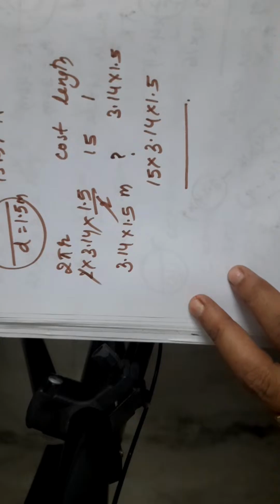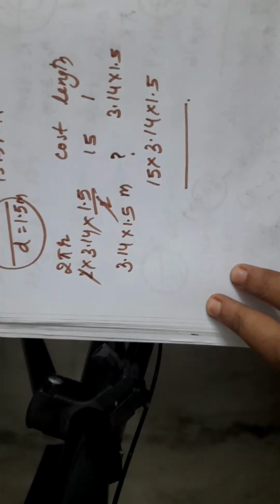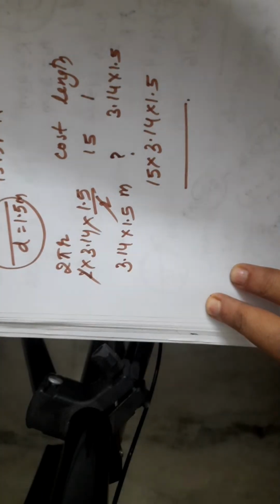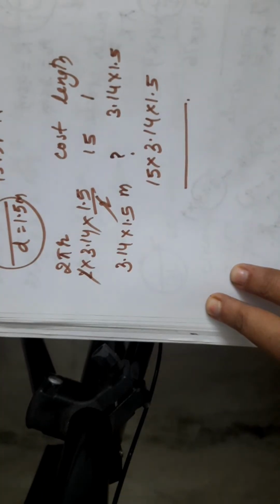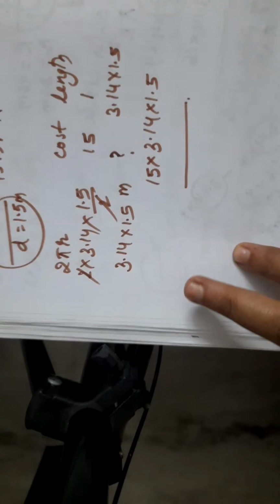Some of you say the answer. No, there will be a little difference if you use 22 by 7, a little difference in the decimal.